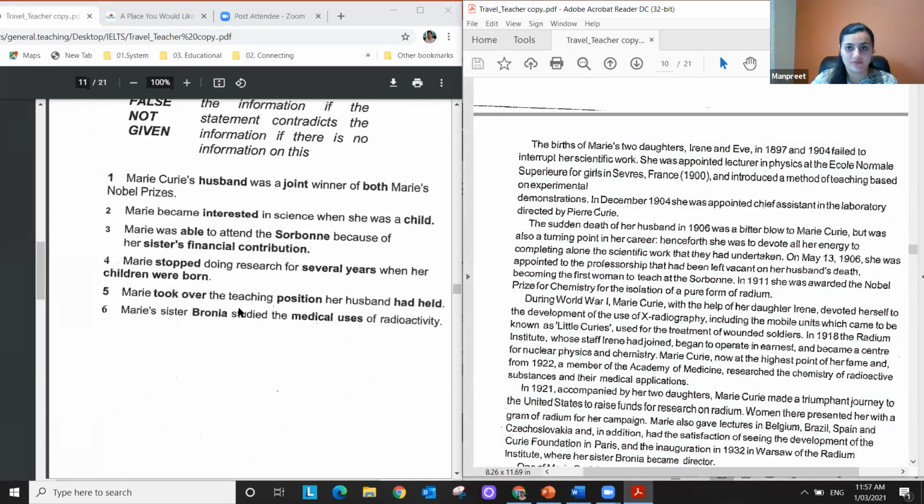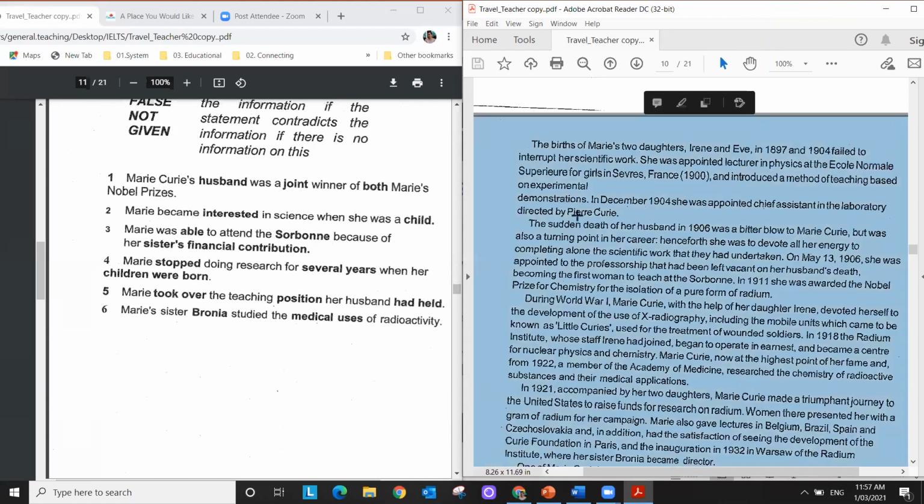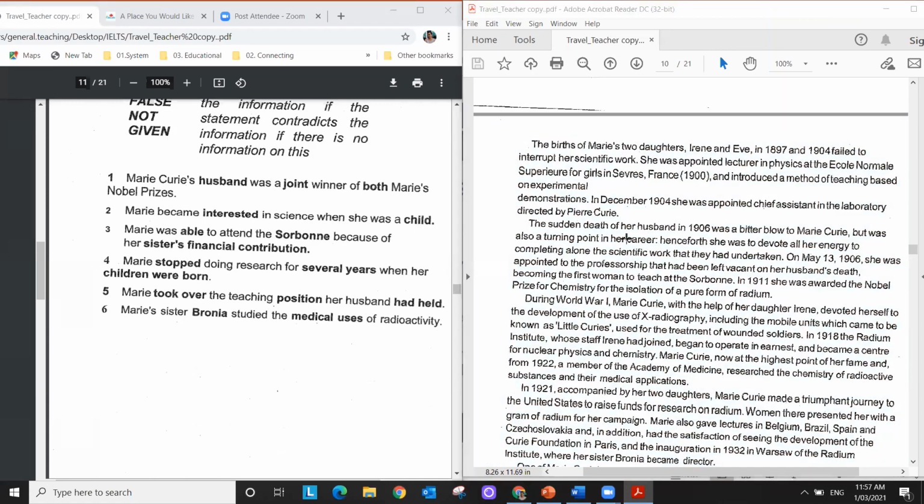Good, beautiful. Number 5. True. True, beautiful. And the location is? Isn't the sudden death of her husband there? Let me see. Third line.